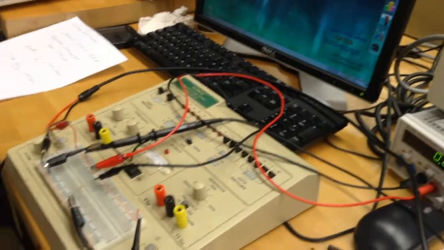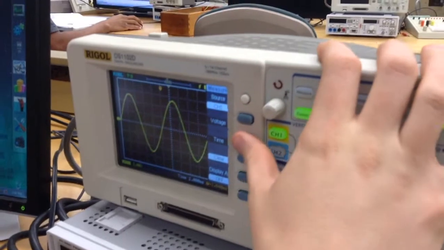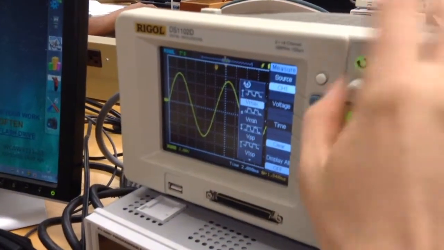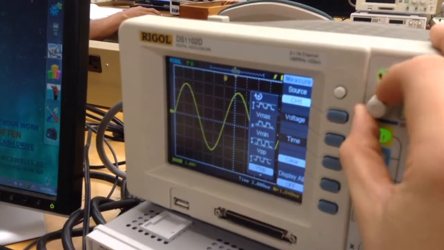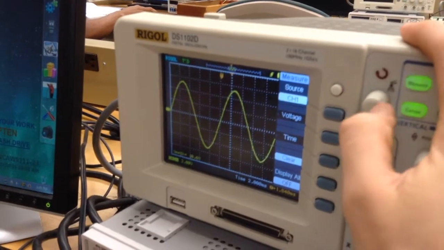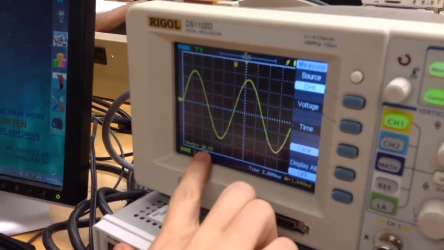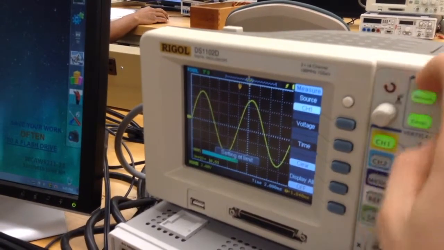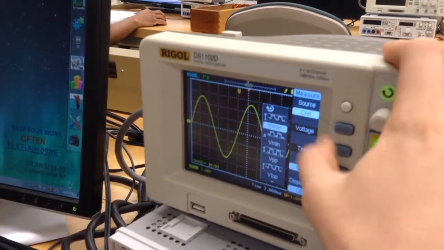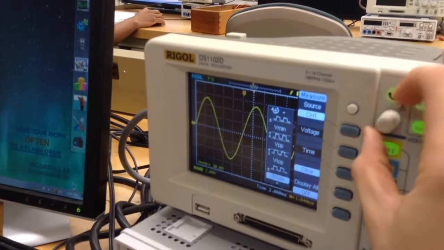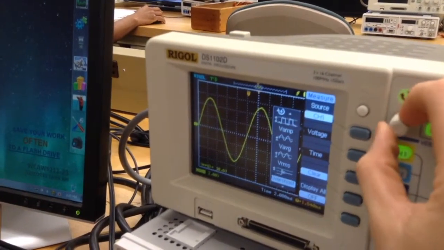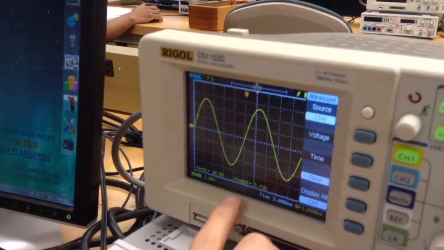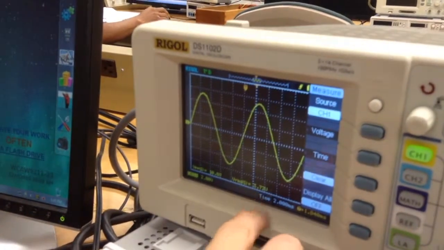To measure it using the new school way, we're going to go to measurements, and for our peak to peak, we're going to go to voltage, voltage peak to peak, and it is 10.5 volts. For our RMS, we are going to go to voltage, and go to VRMS, and it shows us 3.72 volts.